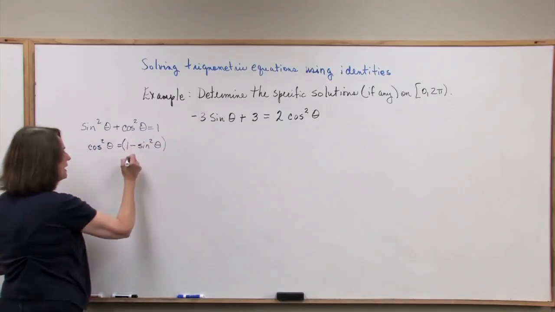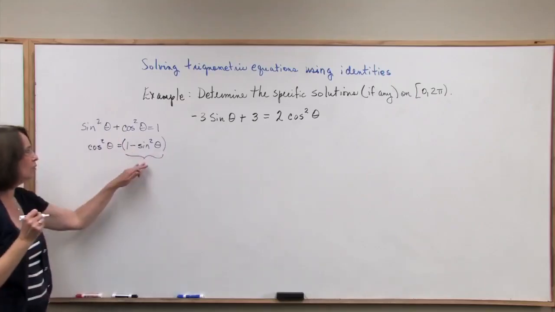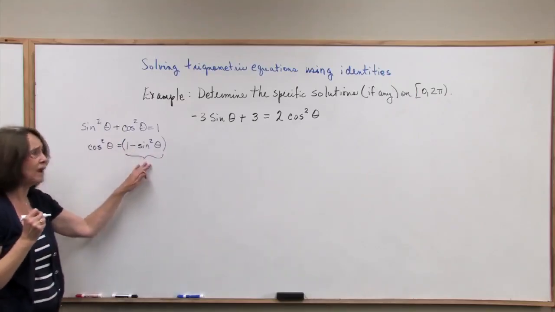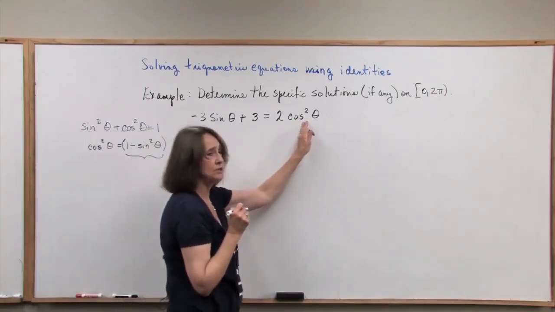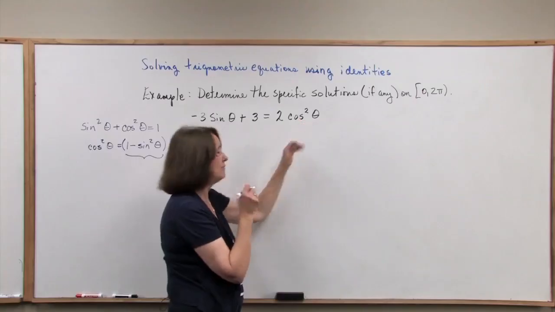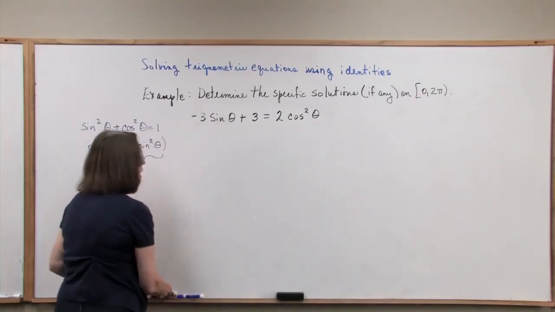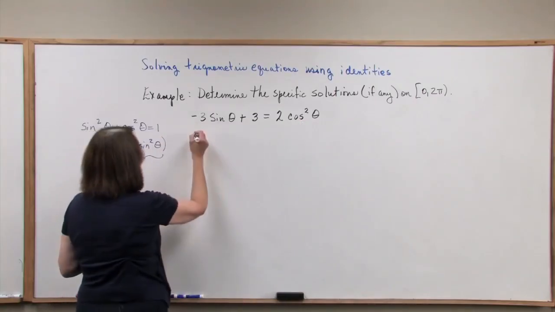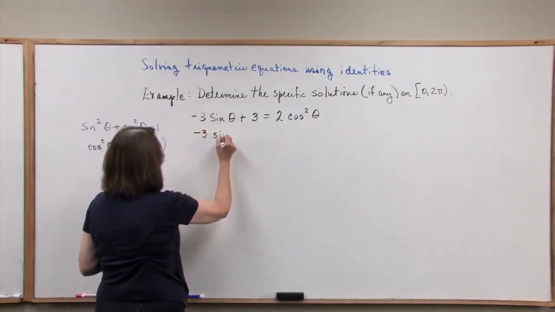Then we can take this 1 minus sine of theta squared and we can substitute it for the cosine of theta squared.